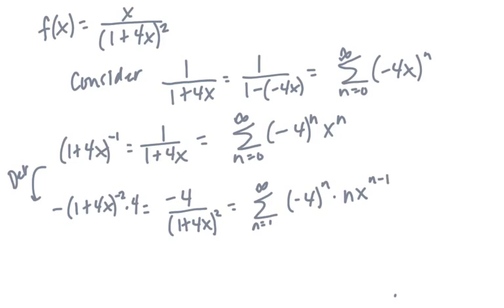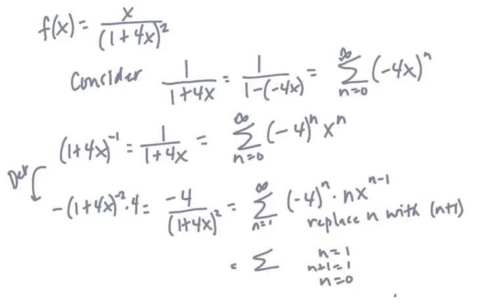Now we're going to use what we did before, and we're going to replace n with n plus 1. So that means that we have the sum, instead of n over here, remember that this is n equals 1, so now n plus 1 equals 1, so n equals 0.